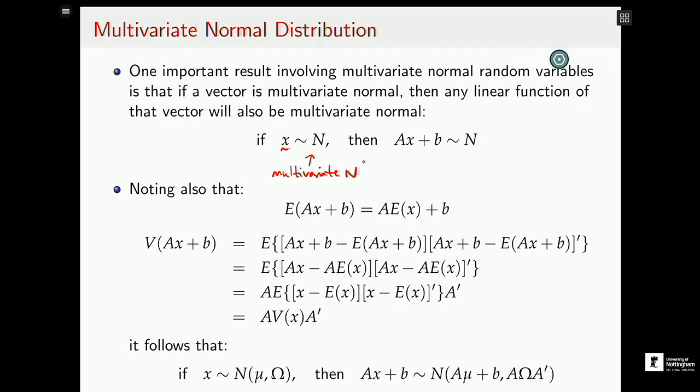So if we think of what a linear combination would look like in matrix form, well, we could multiply the vector x by a matrix of coefficients or weights A, and we could add on some constants, and this would be a general representation of a linear combination, a linear function of the x's, and that will then be itself multivariate normal.